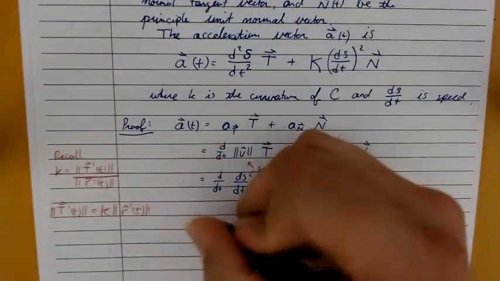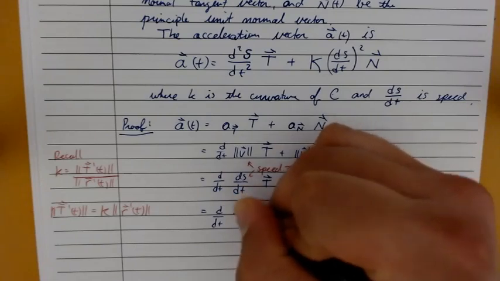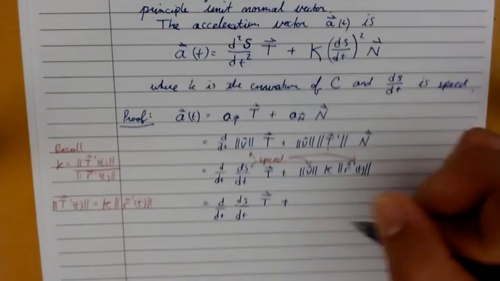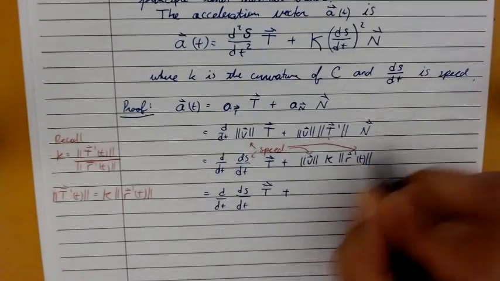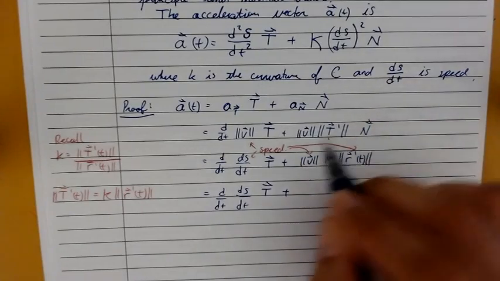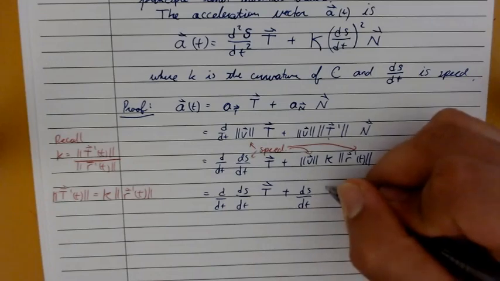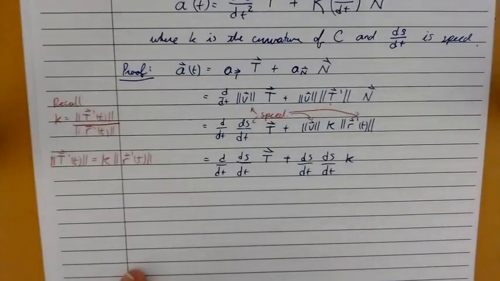So we could write this as d/dt of ds/dt times T plus, here that one is also ds/dt, and that's also ds/dt because that's what we're defining as speed using this parameter. So that's going to be ds/dt times ds/dt times our curvature.